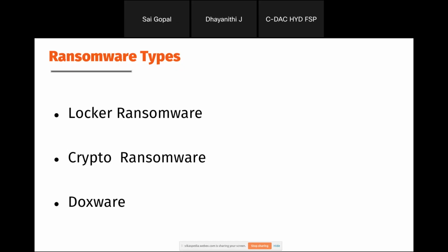The next one is doxware. The word doxware is coined from a term called doxing. Doxing means threatening an individual to publish their data online. Whenever you talk about doxware, it is going to infect the system.